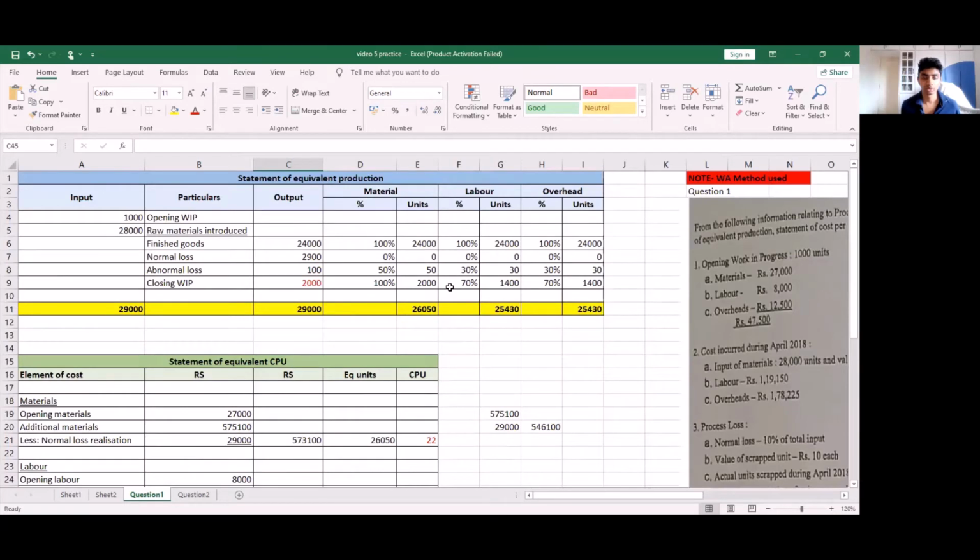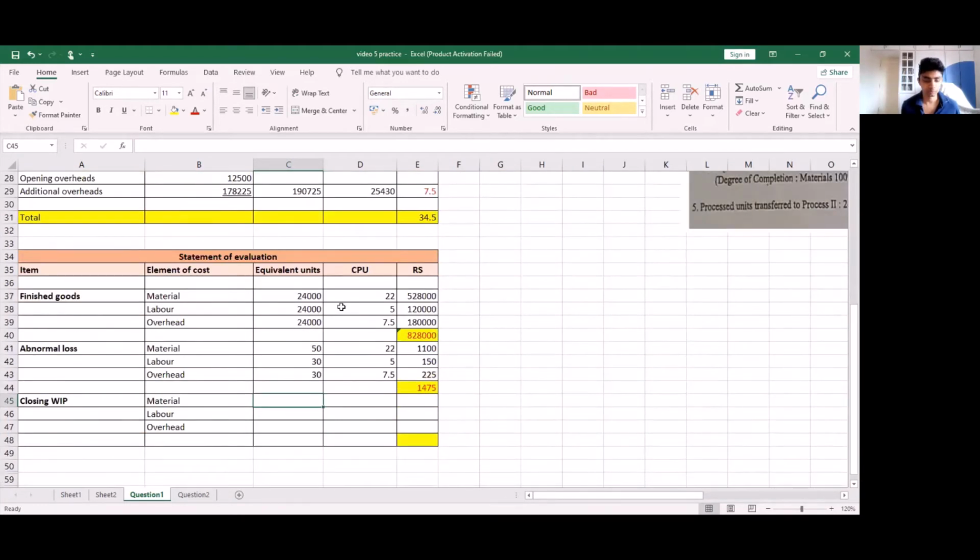We have equivalent production units of 2,000, 1,400, and 1,400. So we have 2,000 for materials, 1,400 for labor, and 1,400 for overheads. Our cost per unit is same, which is 22, 5, and 7.5.